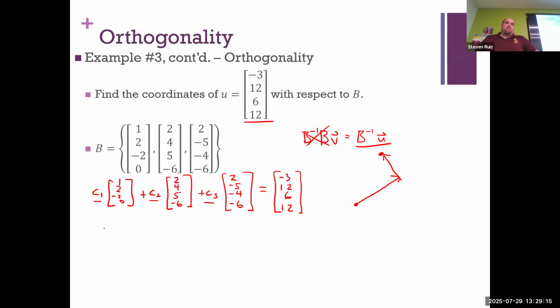So let's do this. Let's call these things V1, V2, and V3. Let's find these dot products: U dot V1, U dot V2, and U dot V3.